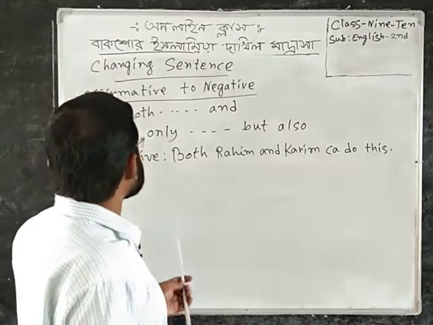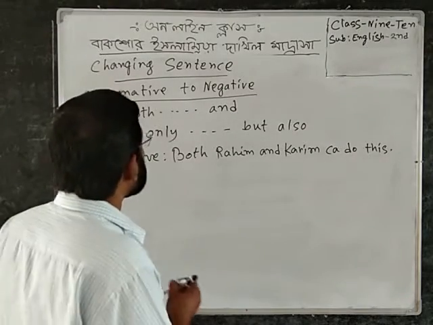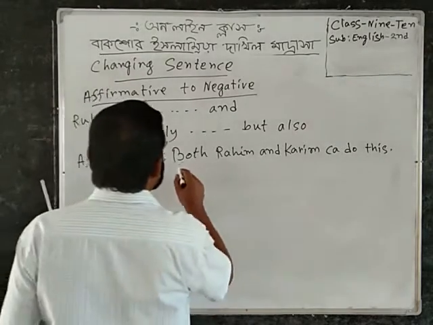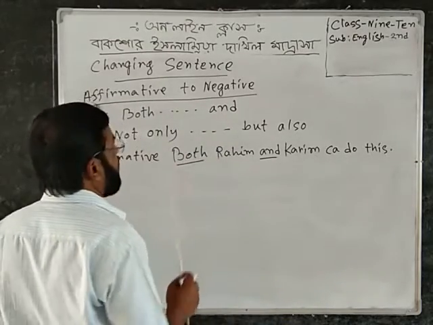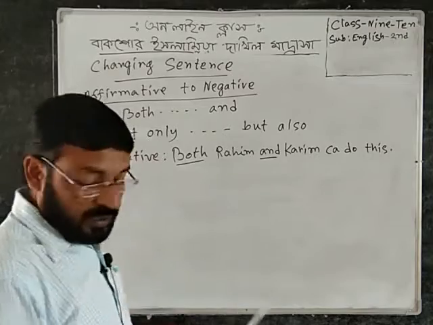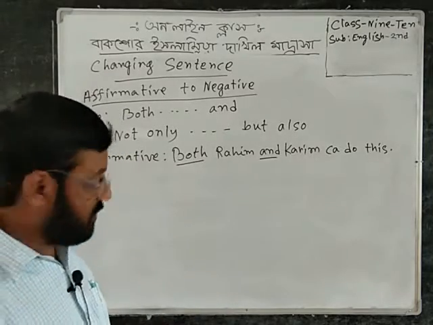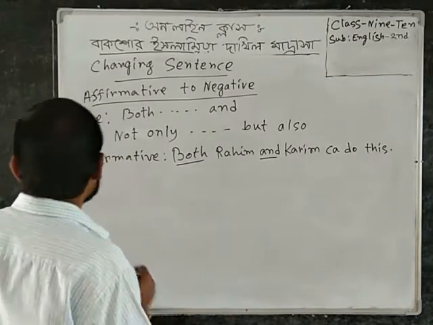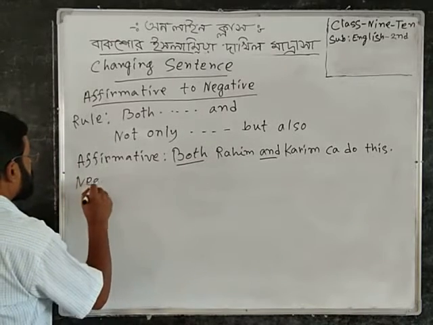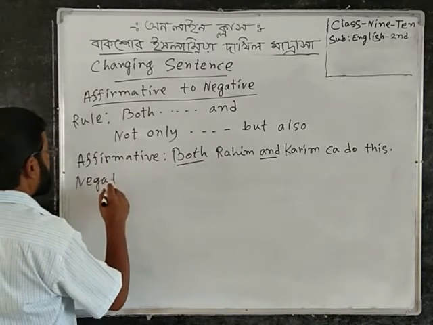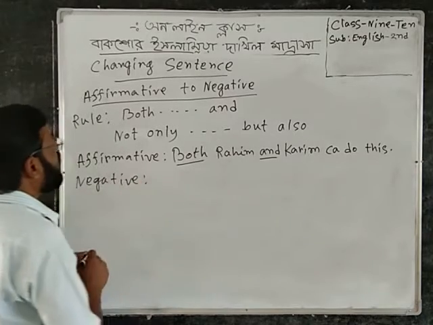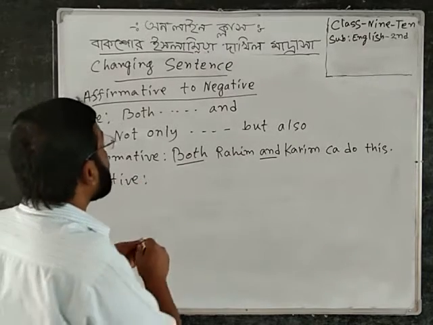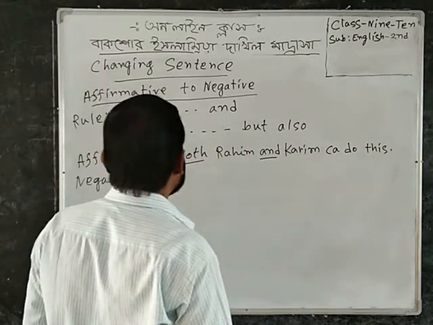Look, dear students, in the sentence we can see both and. Then to change it into negative, we can use not only dash but also.